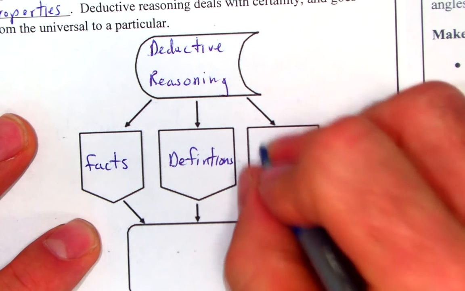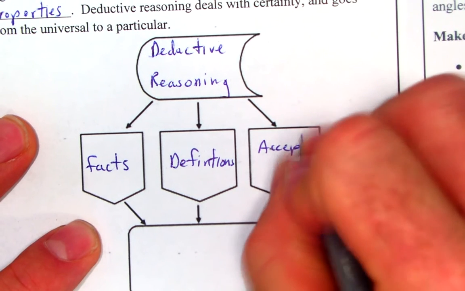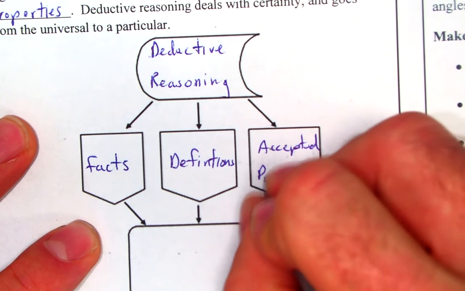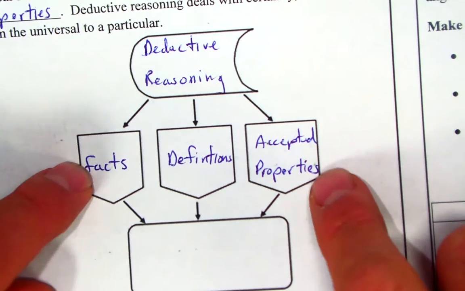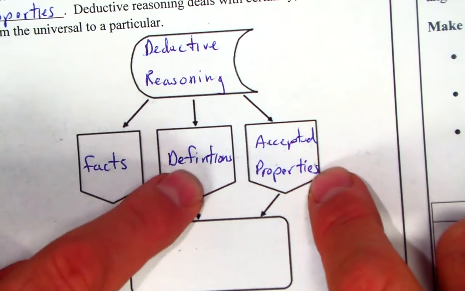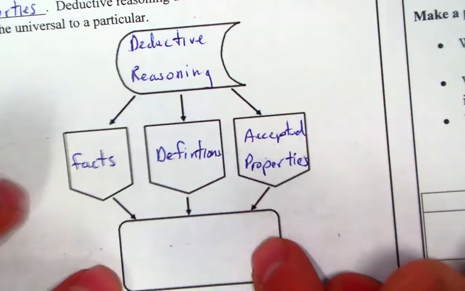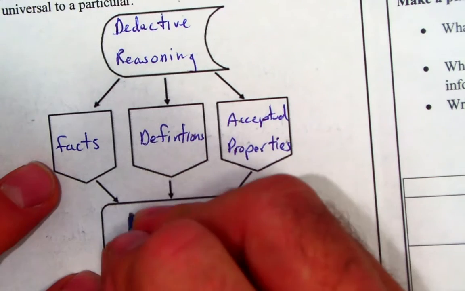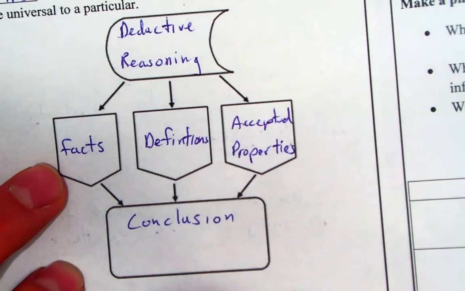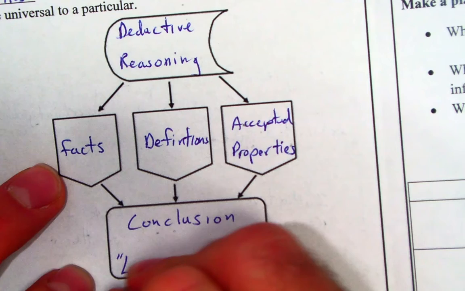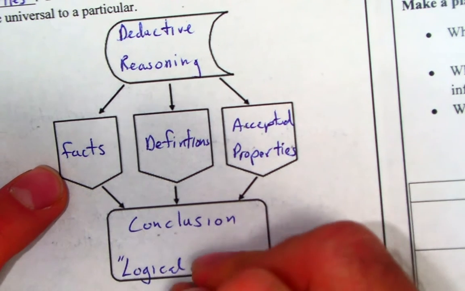Definitions. Accepted properties. And from all these things that we know to be true and are certain of, we know the definition of, we can take all that and arrive at our conclusion. Right? And this is a logical argument.